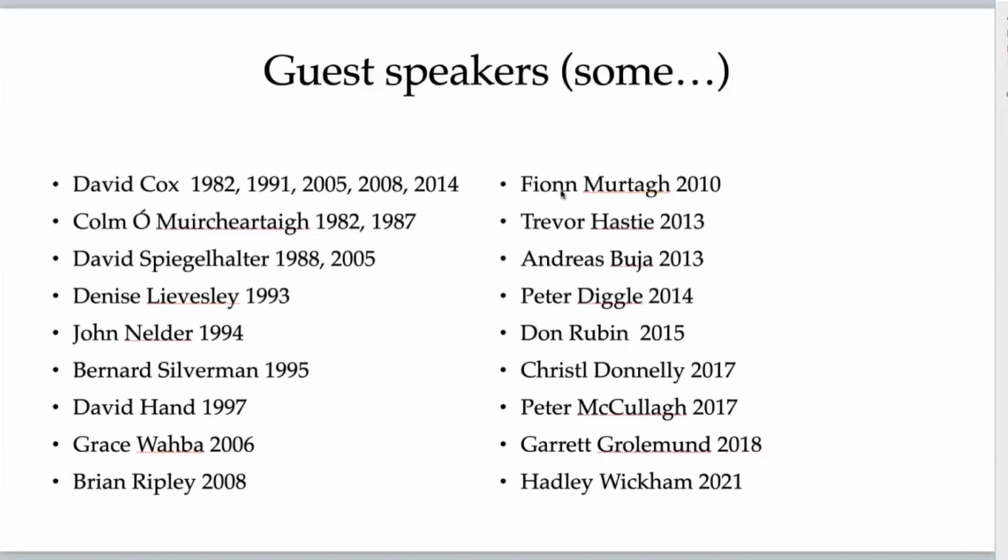There is, of course, Fionn Murtagh for clustering, Trevor Hastie for statistical learning, Adrian Bowman for 3D graphics and various other things, Peter Diggle for spatial statistics, Don Rubin for imputation and lots of social statistics, McCullagh and Nelder, the important book for GLMs, David Hand, Brian Ripley, loads of people here, and I can't resist picking out Garrett Grolemund because he was supervised by Hadley, so he must be my first academic great-grandchild.